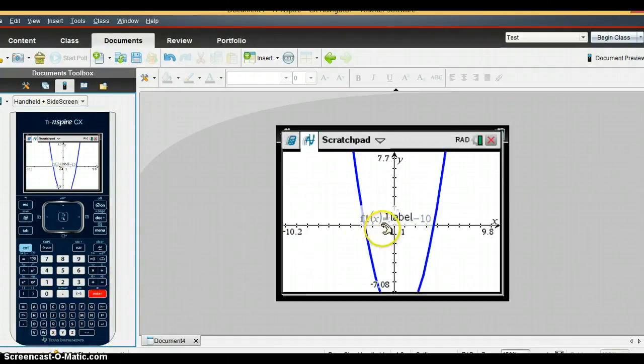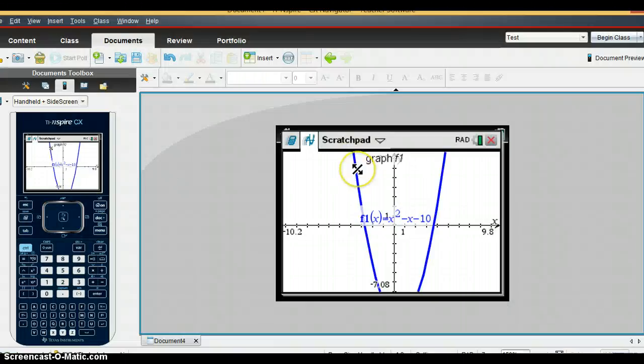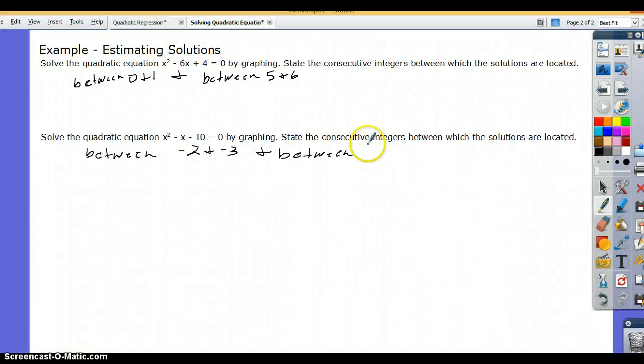So here, so that's -1, -2, so we're between -2 and -3. And on this side, we're between 1, 2, 3, so 3 and 4. Alright, so we're between -2 and -3, and we are also between, what's that, 3 and 4. Alright, so that's what you would do on here.